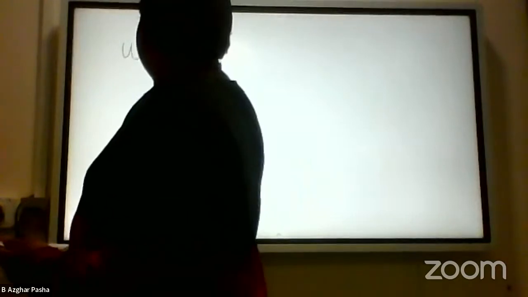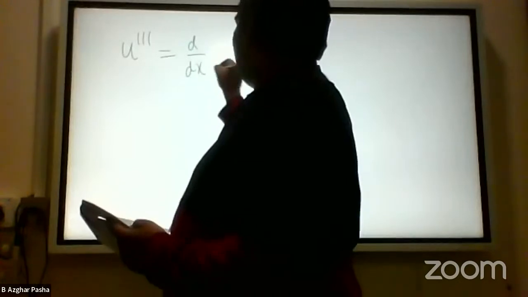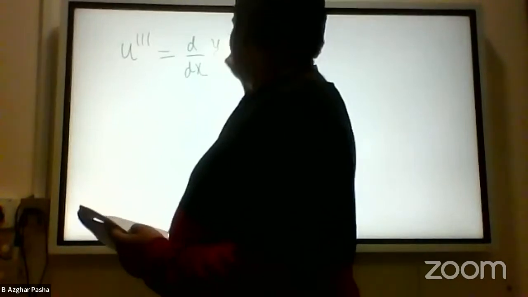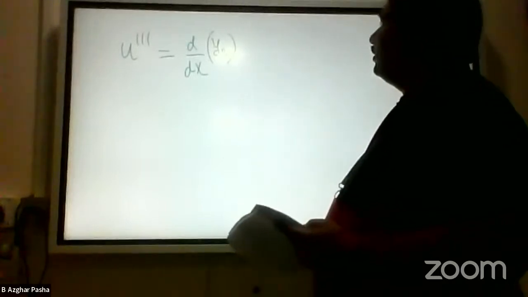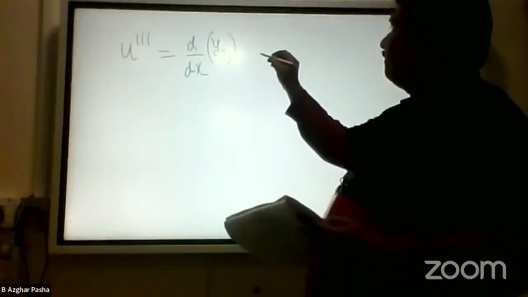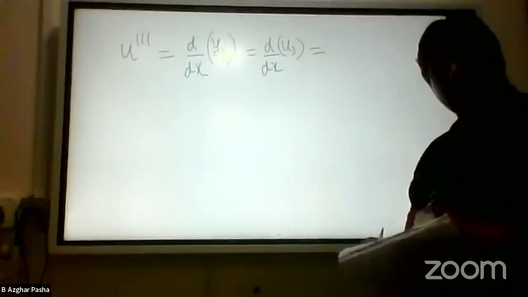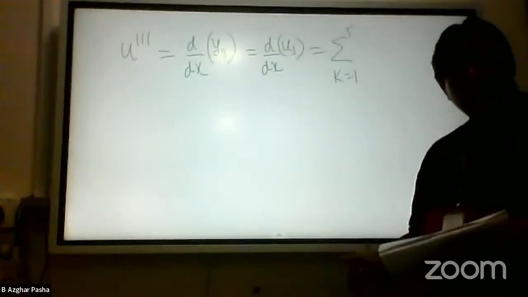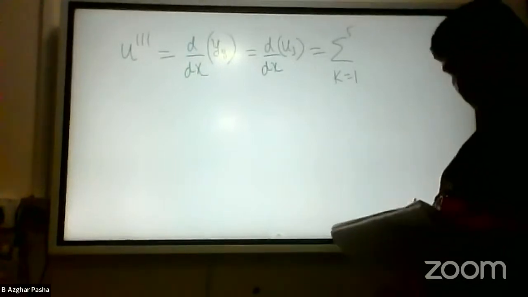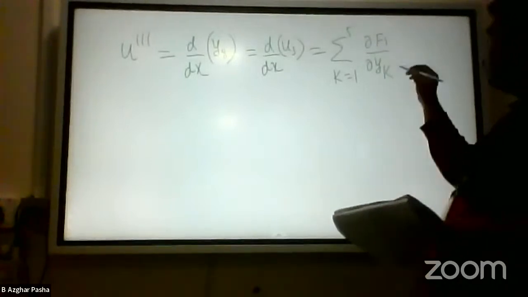U third derivative is equal to dy dx of y8, and I'm not calling this y9 because f is still a third derivative, so I have to stop here. Dy dx of y8 is nothing but dy dx of u3. The counterpart is related to f1, summation k equals 1 to 5, y1 to y5, dou f1 by dou yk into uk.